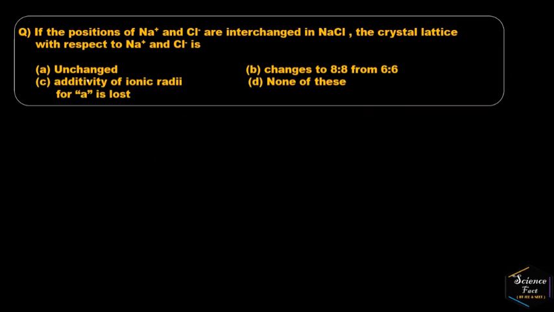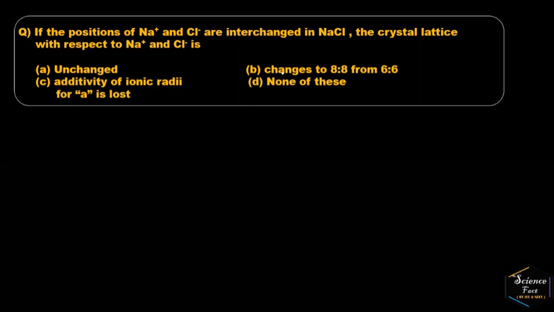Option A: it will be unchanged. Option B: it may change to 8:8 from 6:6 with respect to their coordination number. Option C is additivity of ionic radii for A is lost, and option D is none of these.